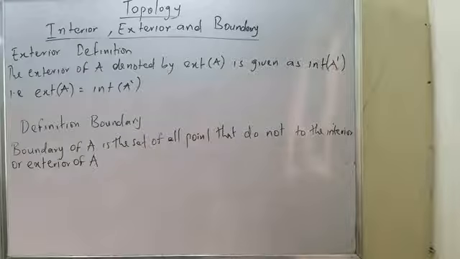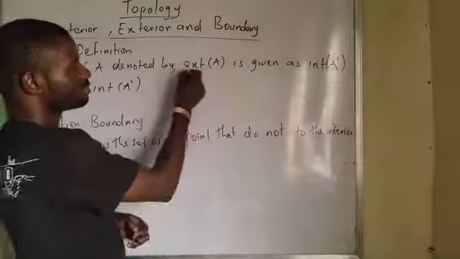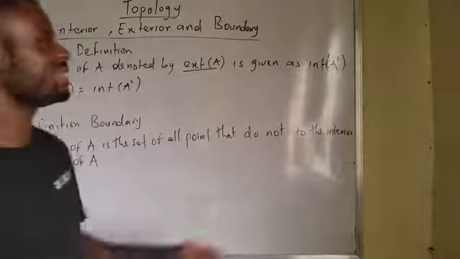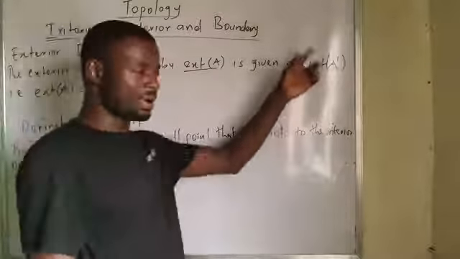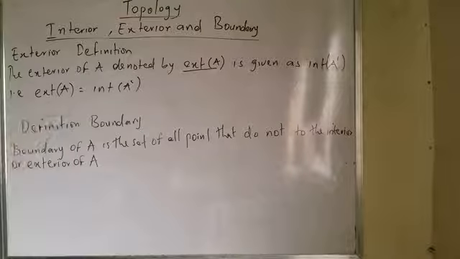The exterior of A, denoted like this, is given by the interior of A prime. That is to say, the exterior equals the interior of the complement. I've explained what the complement of a given set is before.